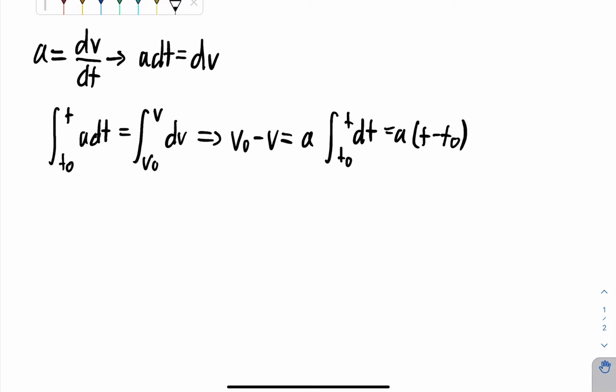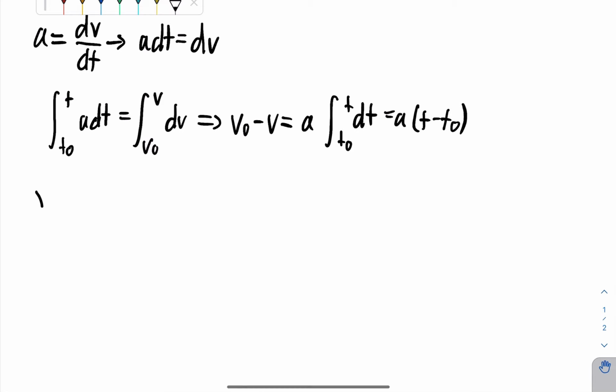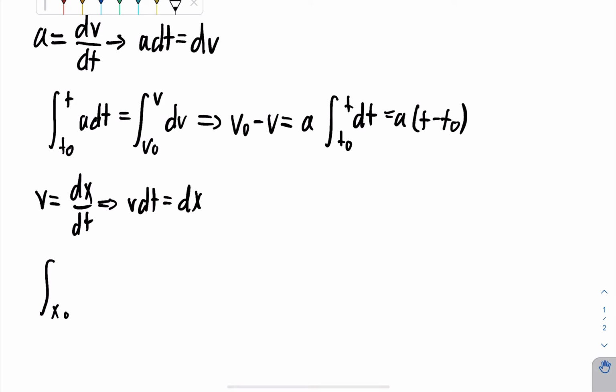So now we're going to go again, but with velocity, so v equals dx dt. Then we can solve again, so we get v dt is equal to dx. When we integrate between x naught and x, the integral of dx is equal to the integral between t naught and t of v dt.